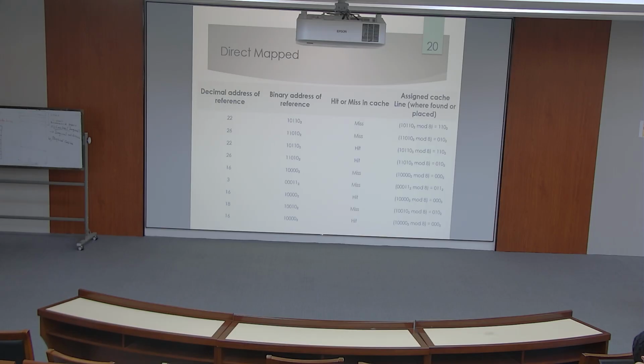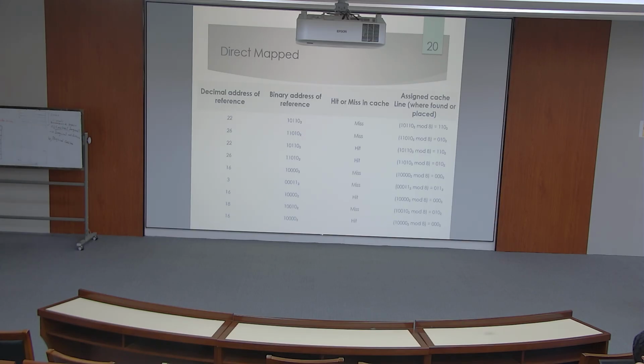Yes, 26 mod 8 is 2. So we have 2 here. The block number 26 from the main memory will be loaded into cache line 2. And it is a miss because it's the first time to load this block into the cache. So we have block 26 here.